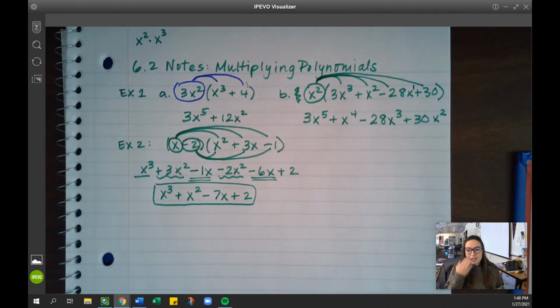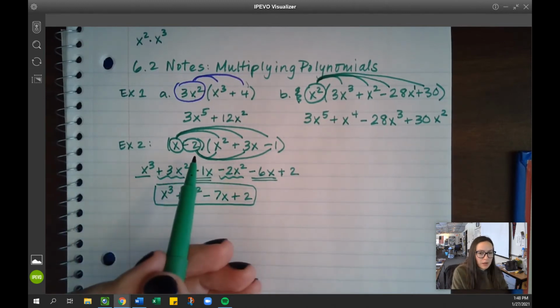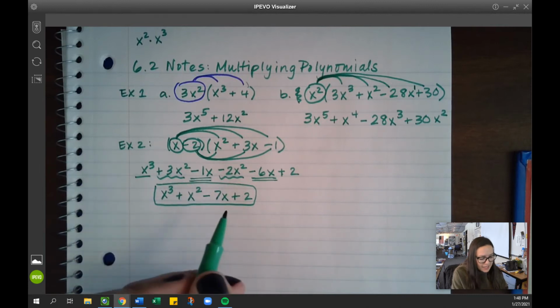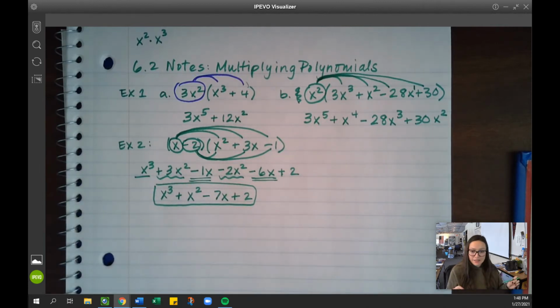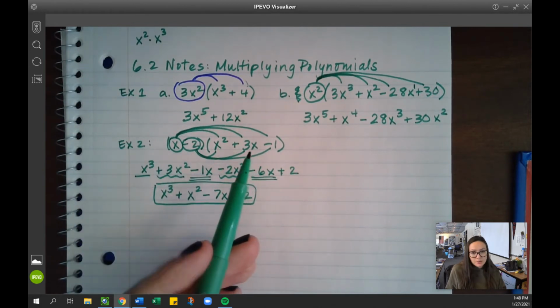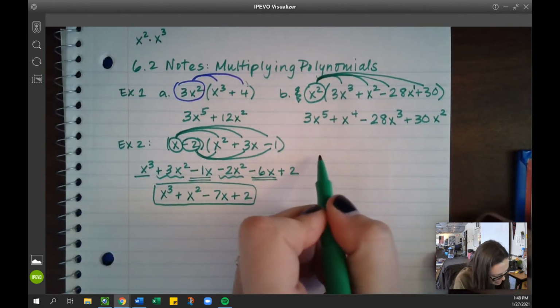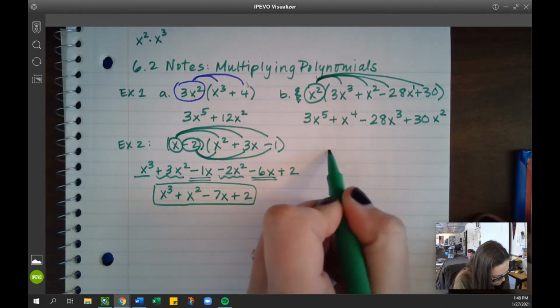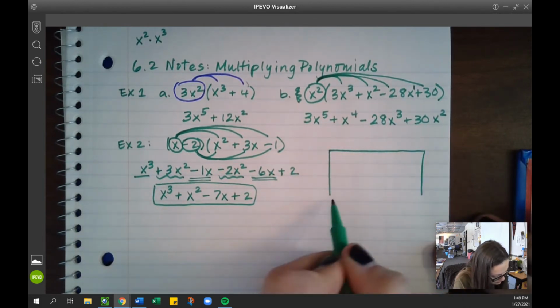Now, I said I was going to show you another way that you can go about solving or simplifying this multiplication problem. And that is by creating a box. So since I'm multiplying a binomial times a trinomial, I am going to make a 2 by 3 box.